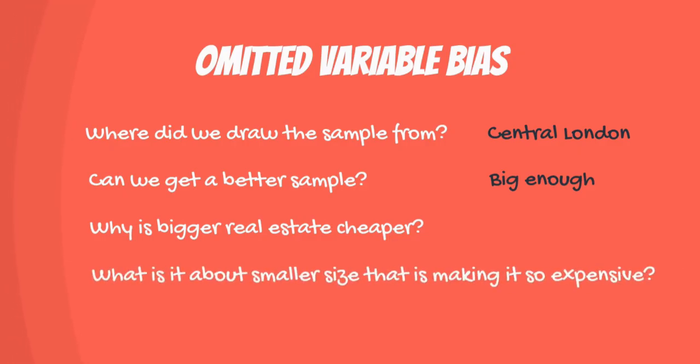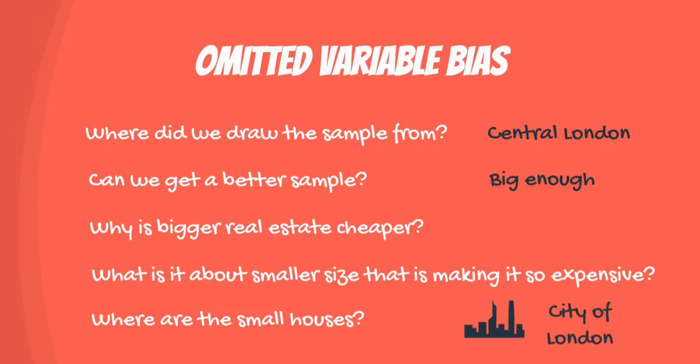What is it about smaller size that is making it so expensive? Where are the small houses? There is rarely construction of new apartment buildings in central London. And then you realize the city of London was in the sample, the place where most buildings are skyscrapers with some of the most valuable real estate in the world.